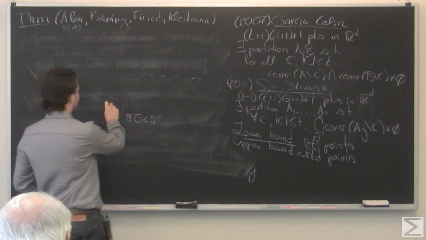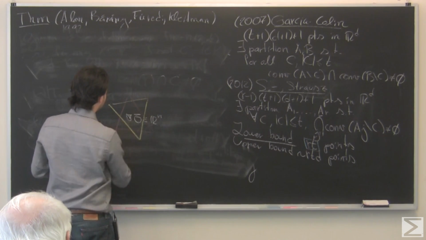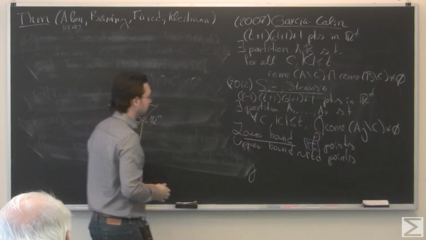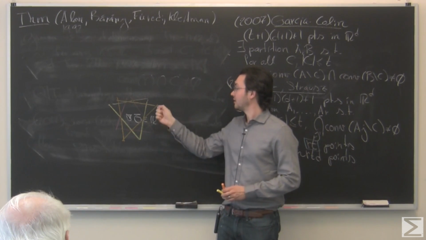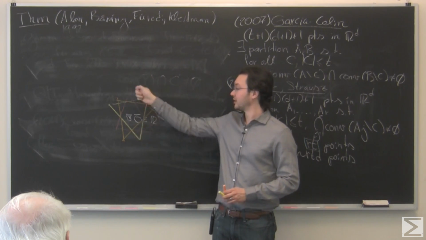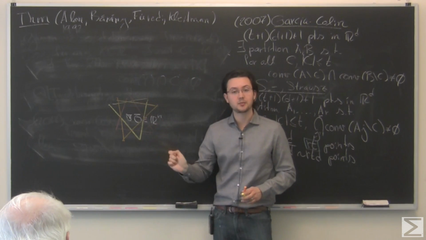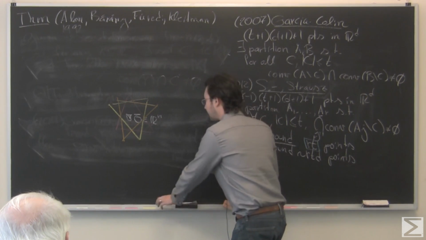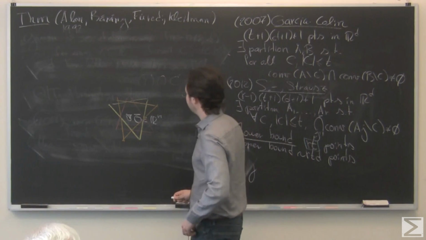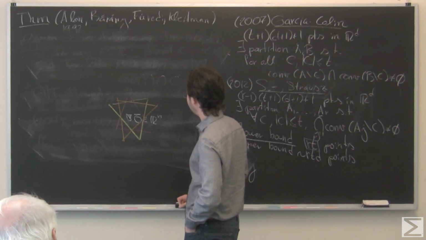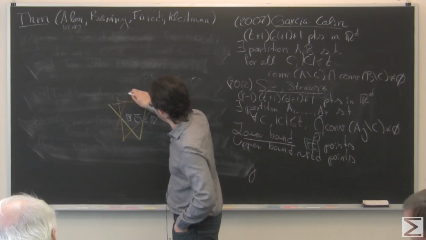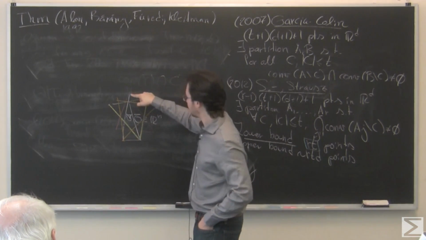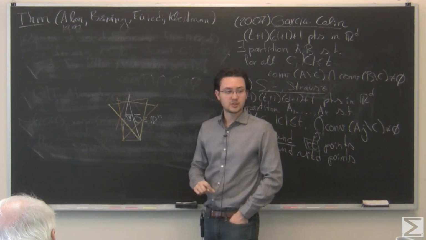Let's use the fancy chalk. So suppose, for example, in the plane, I give you 3 orange points, 3 yellow points, and 3 red points, so that each color has the origin in its convex hull. Then you can find a rainbow set, taking 1 point of each color, I hope I can do this right, so that the rainbow triangle captures the origin.